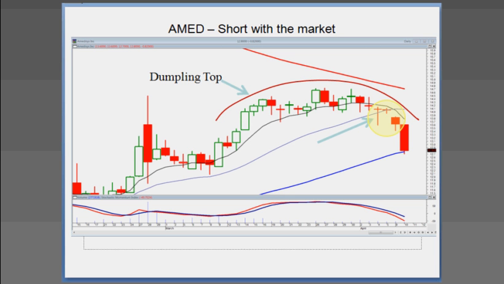On the other hand, the open and close are the important elements for the Japanese rice traders. If this trade closes more than halfway down the candle of the previous day and it's starting to roll over, I'll close out then.